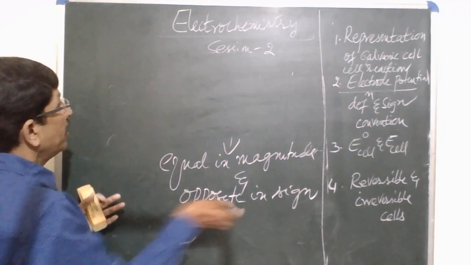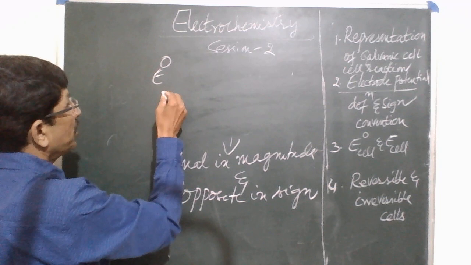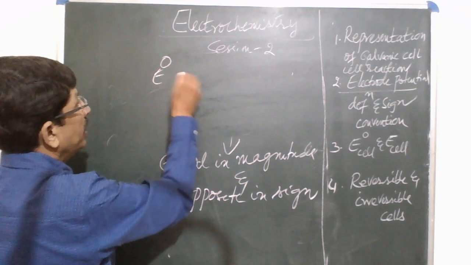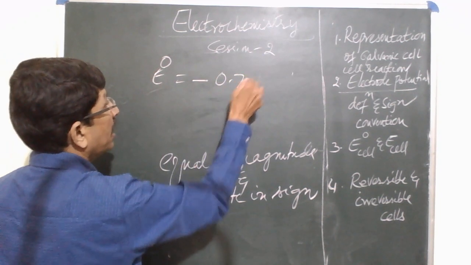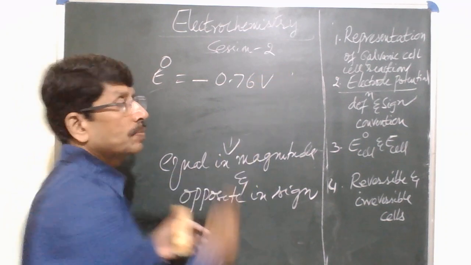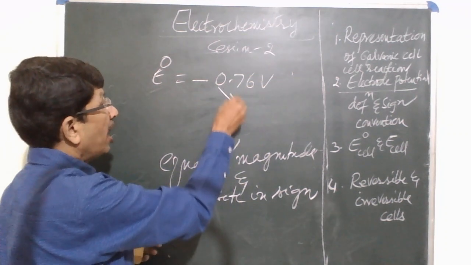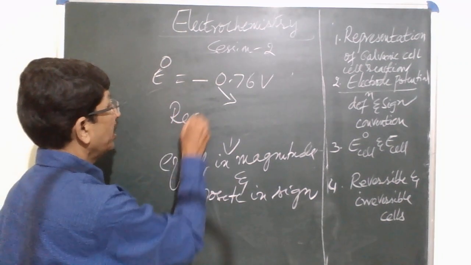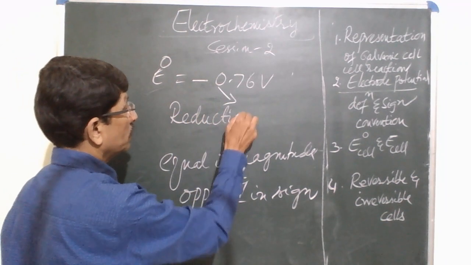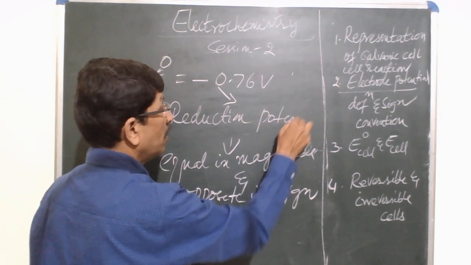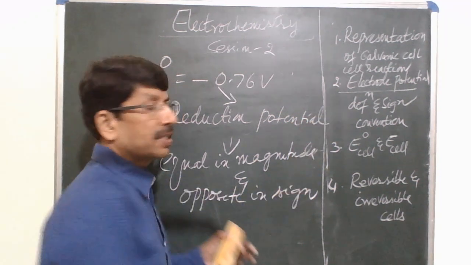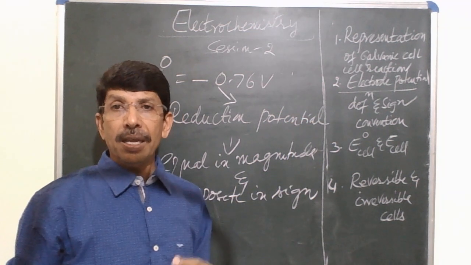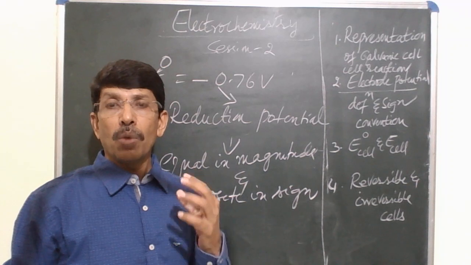If we consider the standard reduction potential of the zinc electrode, it is minus 0.76 volts. According to IUPAC convention, we are supposed to use only reduction potentials, in order to avoid confusion.